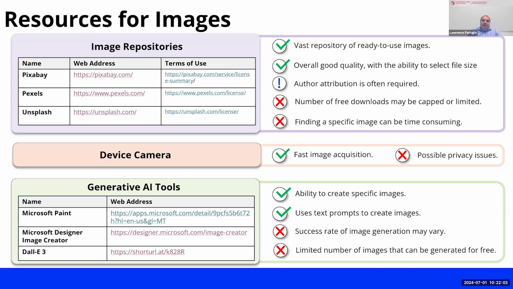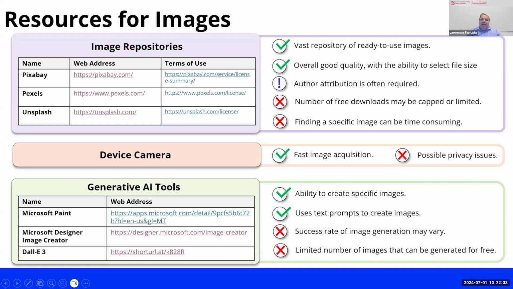On the flip side, the disadvantage of using generative AI tools, first of all, is that the success rate of the image generation may vary. So you might type in text and the output, which in this case is an image, may not correspond, may be far off from what you had in mind. So it may take some time to actually tweak your prompt so that you get the image that you had in mind.